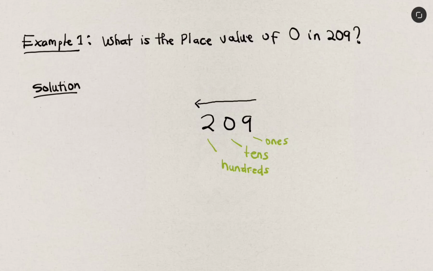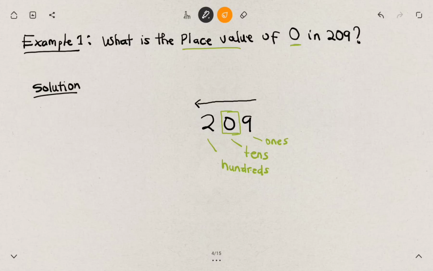Now, if you read the question, it is saying what is the place value of 0? So this is the number 0, the one I am putting in a box. What is the place value that we've written for it? Let me use another color to highlight that. The place value we've written for it is tens, so it means the place value of 0 in 209 is tens.